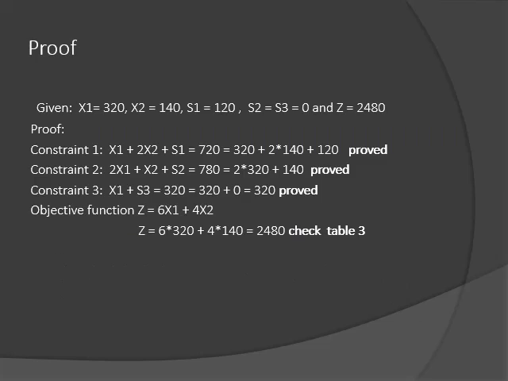Given x1 equals 320, x2 equals 140, s1 equals 120, s2 equals 0, s3 equals 0 and Z equals 2480. Check constraint number 1, where x1 plus 2x2 plus s1 equals 720.